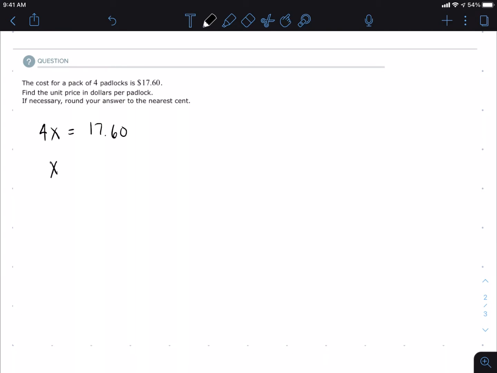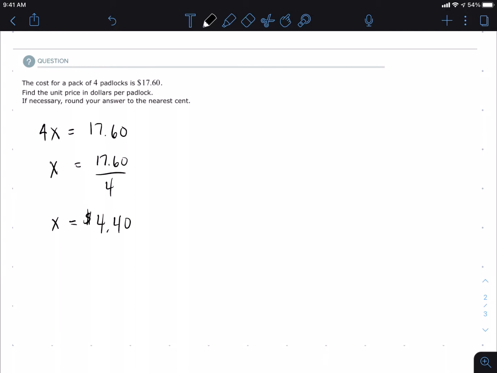So what I need to do is divide both sides by 4, right? And that's going to give me 440, I believe. Is that right? 1760 divided by 4, 440. So I know that the unit price for the padlocks is $4.40. Does that make sense?